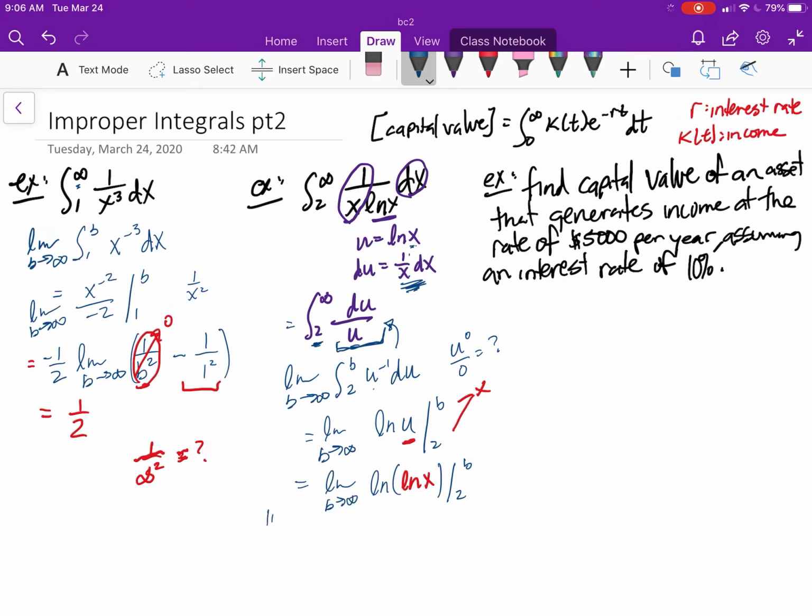My limit, lim, really starts to look like a doctor's signature, but that definitely is limit. Okay, now I'm back in terms of x. Now we could proceed. So substituting, limit as b goes to infinity, ln of b minus ln of 2.